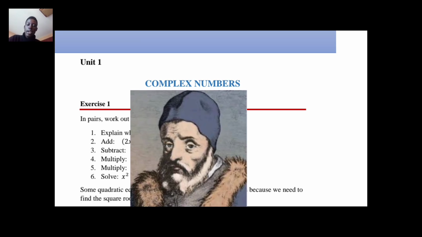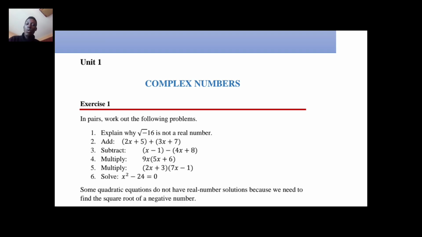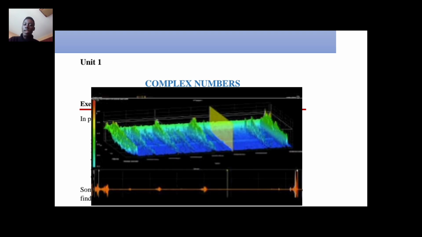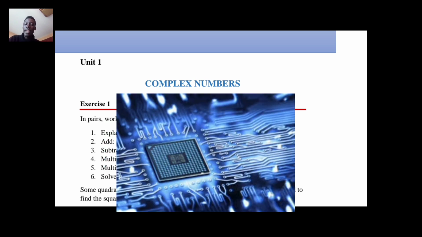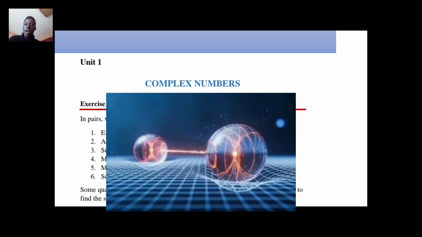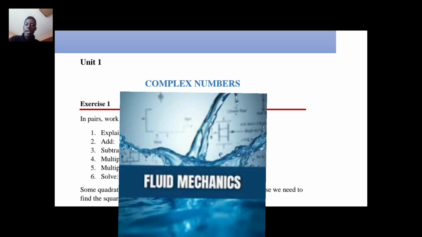So complex numbers are widely used in many scientific research areas. For example, they are used in signal analysis, electromagnetism, electronics, and even in quantum physics and fluid mechanics.